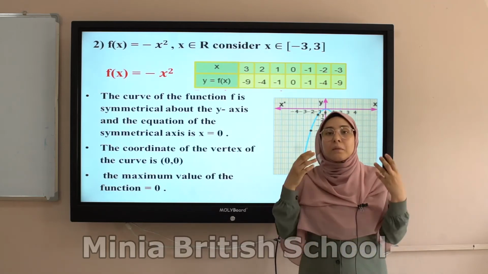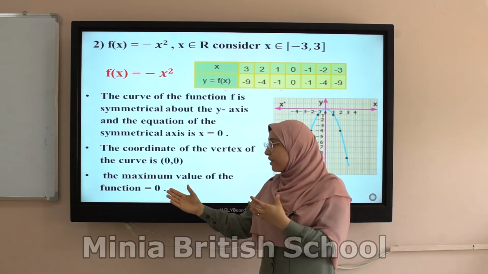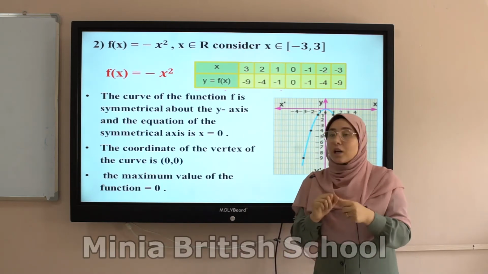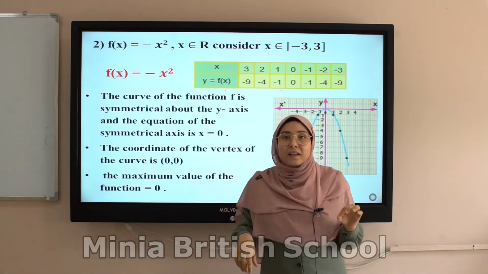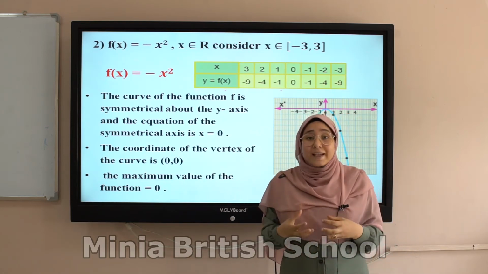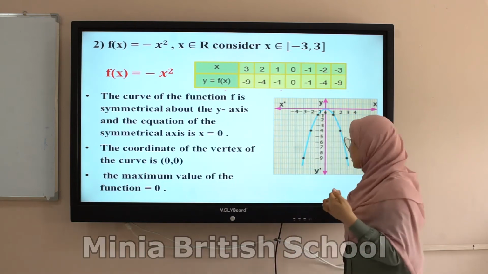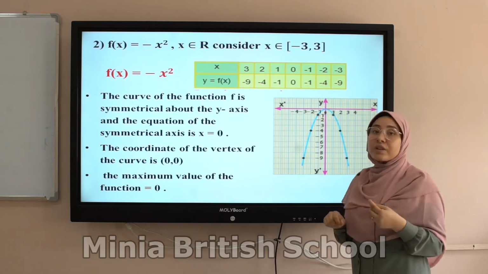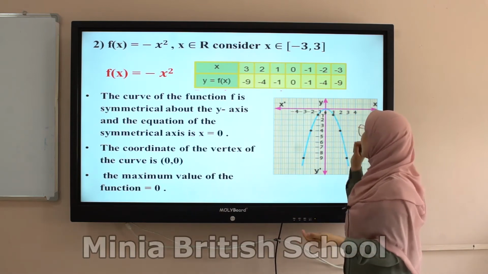And the maximum value. Does this curve have a maximum value or a minimum value? It has a maximum value point. Because here the coefficient of x power 2 is a negative number, I mean the coefficient of x power 2 is less than 0. So the vertex of the curve is the maximum value point (0, 0).